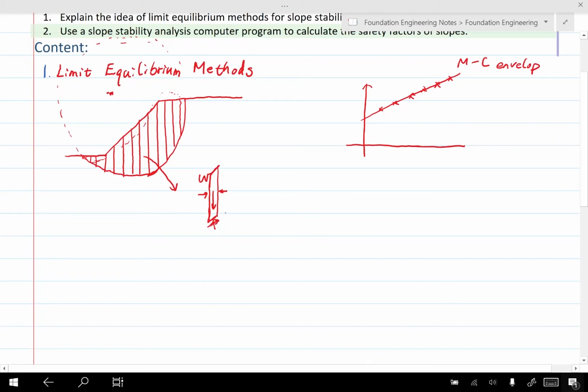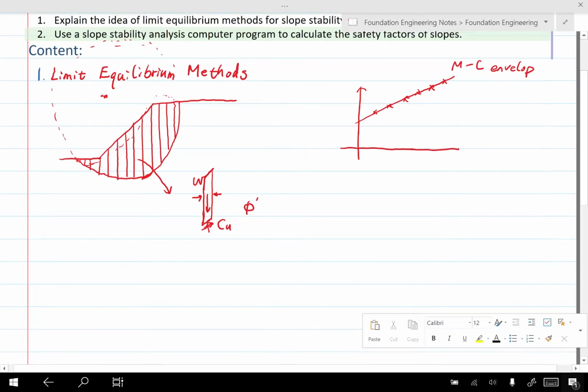For example, for clay, we would have the cohesion c_u here, just like what we did before. But if it is sand or c-phi material, we also need to consider friction. The strength relevant to the friction angle will also be activated based on the magnitude of the normal force on the bottom boundary of this slice.